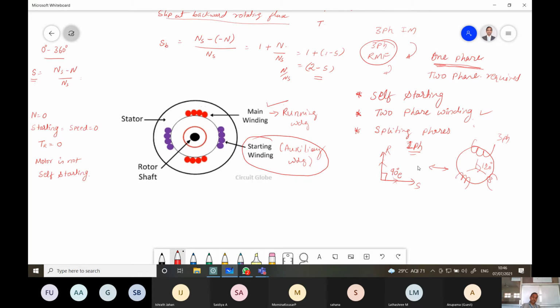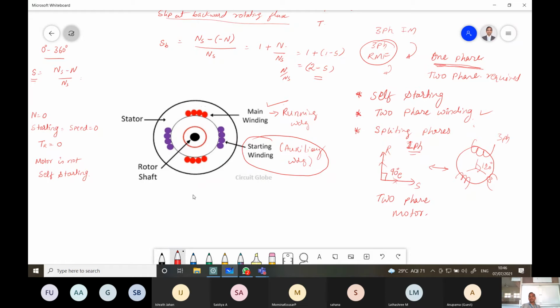It is so arranged that the phase difference between the currents in the two stator windings is very large, ideally 90°, hence the motor behaves like a two-phase motor. These two currents produce a revolving flux.